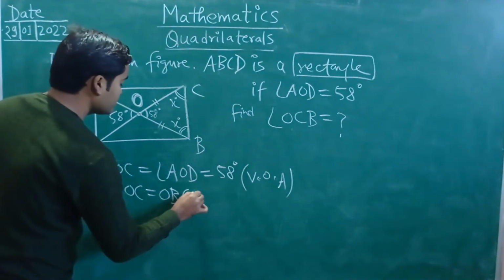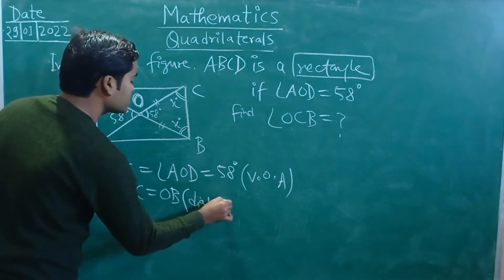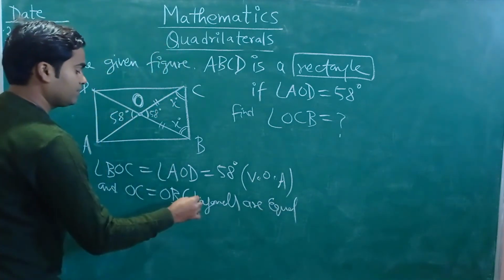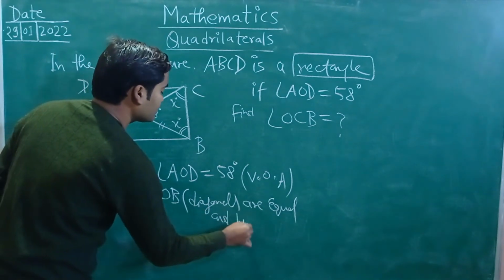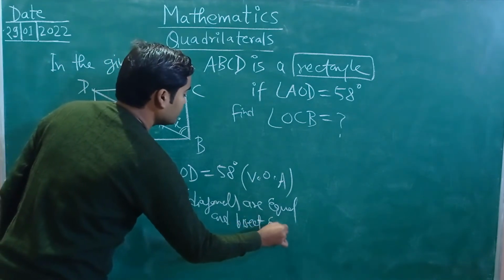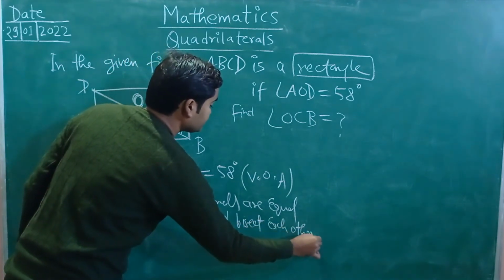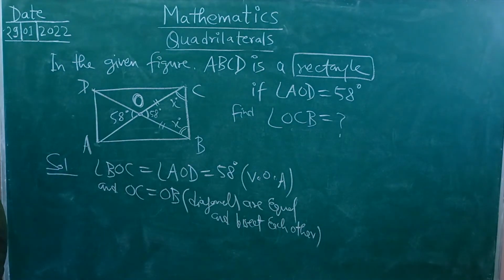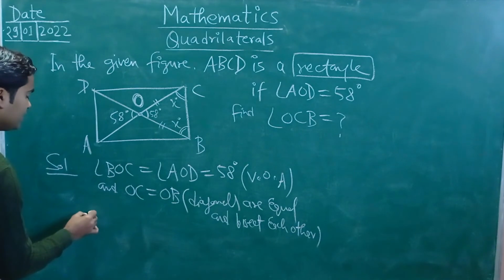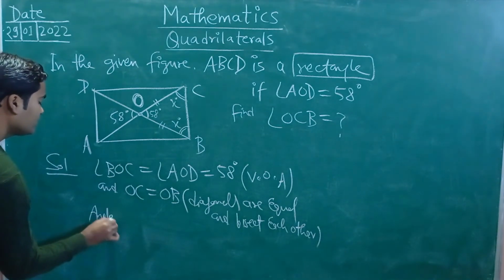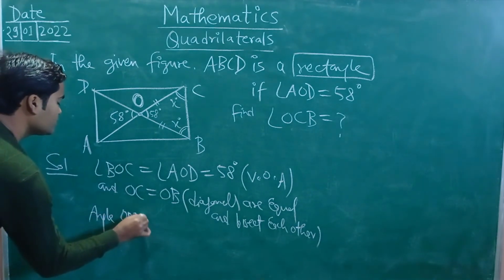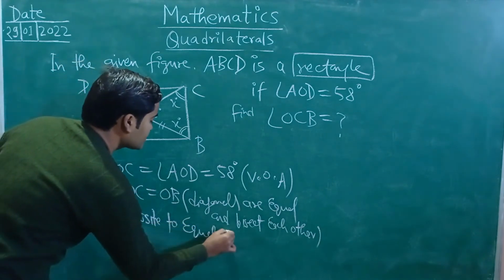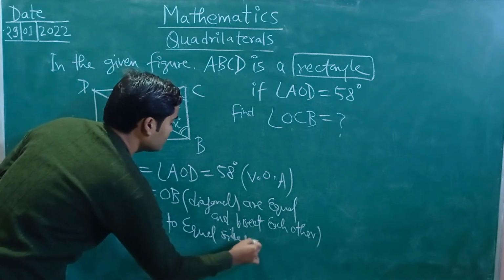The reason behind this is diagonals are equal and bisect each other. Angle opposite to equal sides are equal.